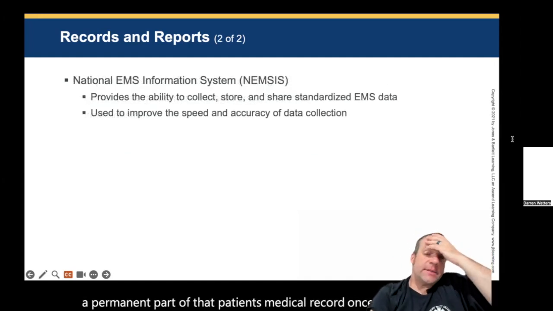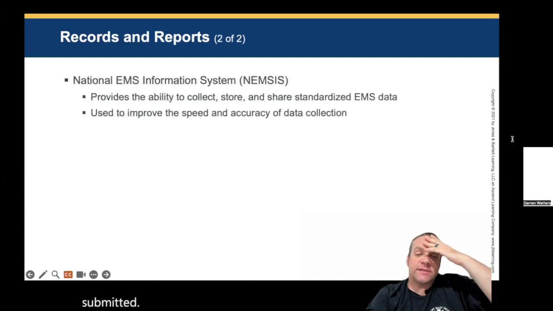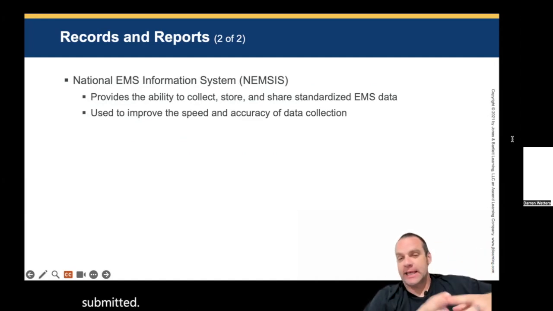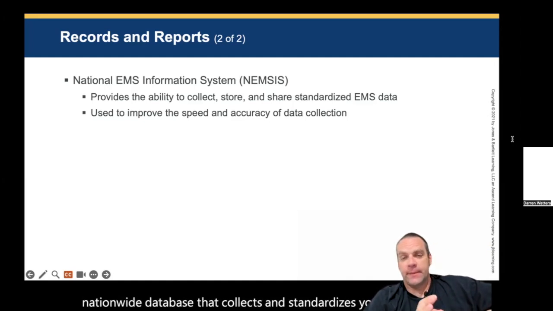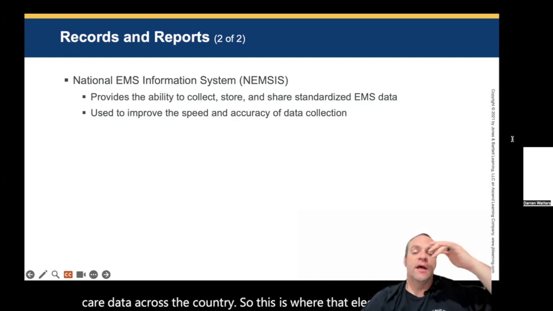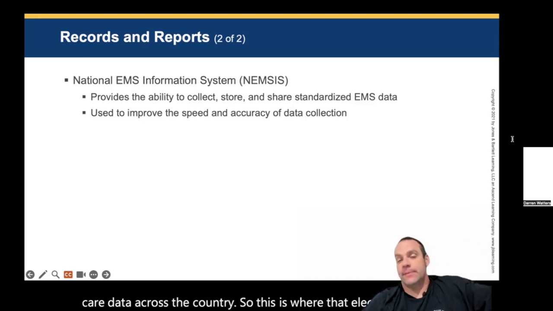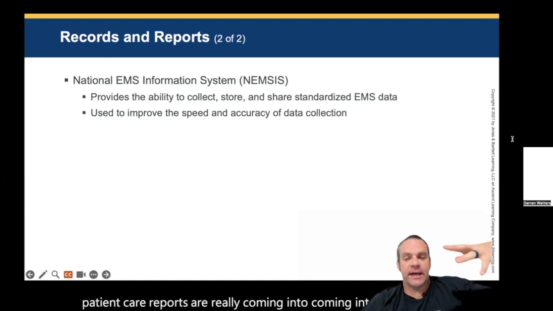The National EMS Information System is a nationwide database that collects and standardizes your patient care data across the country. This is where electronic patient care reports come into play. Why does that matter?